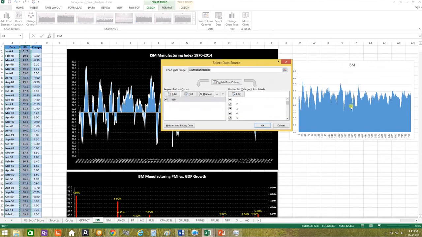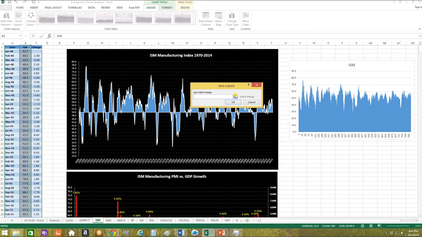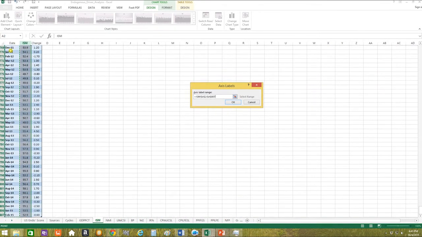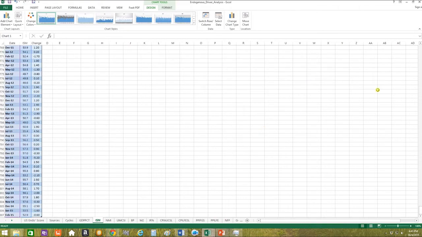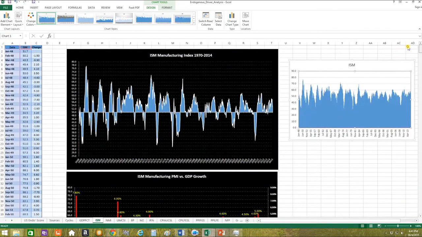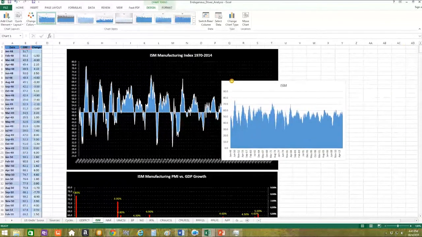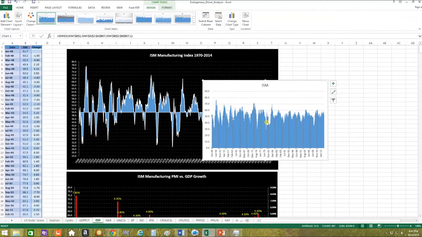We click on Select Data. We edit the X-axis, and we choose the date. And we do Control-Shift down. We hit OK. And then we scroll back up. And our chart is now ready.